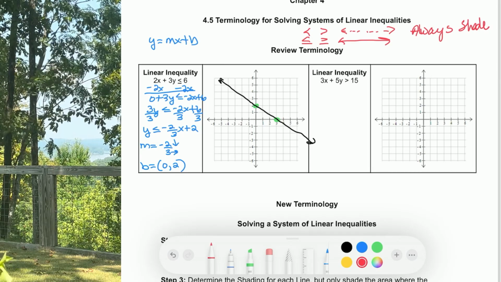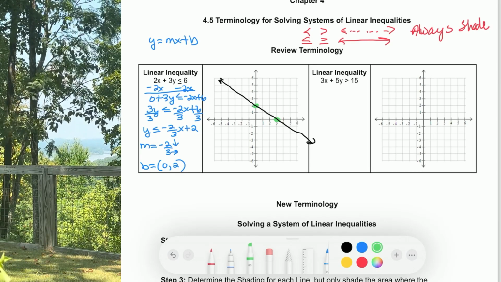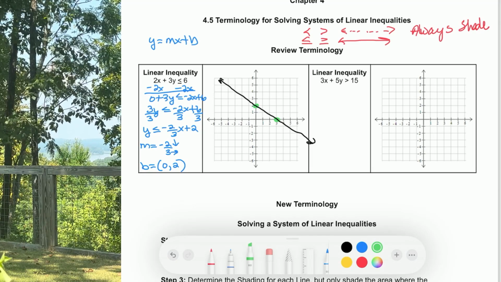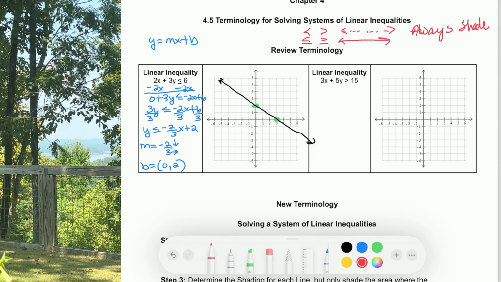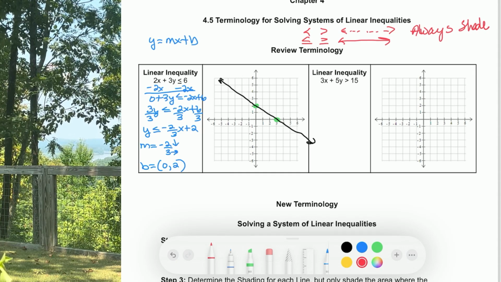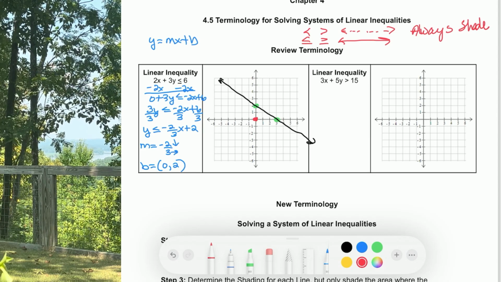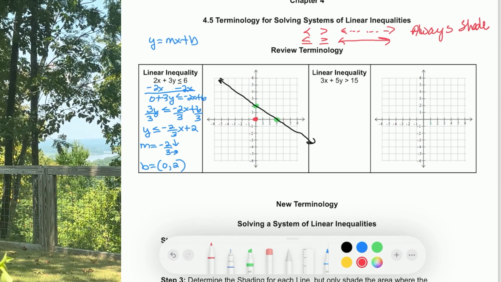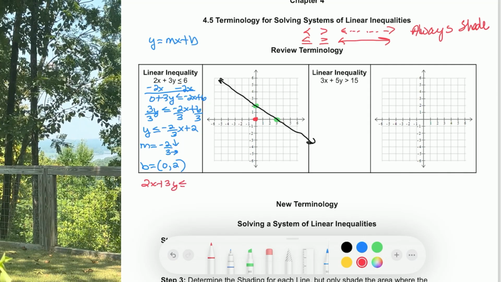So I'm going to switch to my highlighter. The first thing we need to do is figure out which side of the line we need to shade. Remember, we pick a coordinate, and the simplest one to test is the origin, 0, 0. I'm going to plug that into my equation, 2x plus 3y is less than or equal to 6.